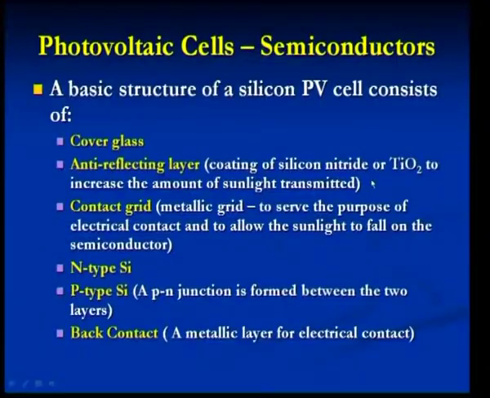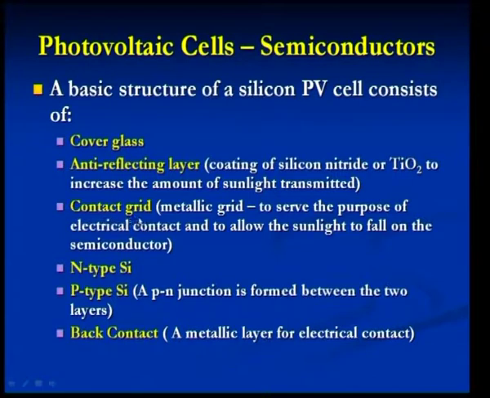This anti-reflecting layer consists of a coating of silicon nitride or titanium dioxide. This is available in order to increase the amount of sunlight that can be transmitted through the photovoltaic device. So, such an anti-reflecting layer is required in order to let a large amount of sunlight be transmitted into your photovoltaic cell.